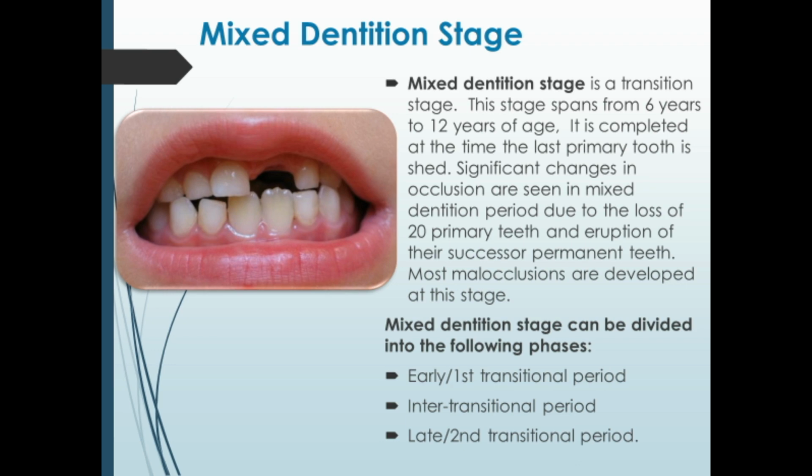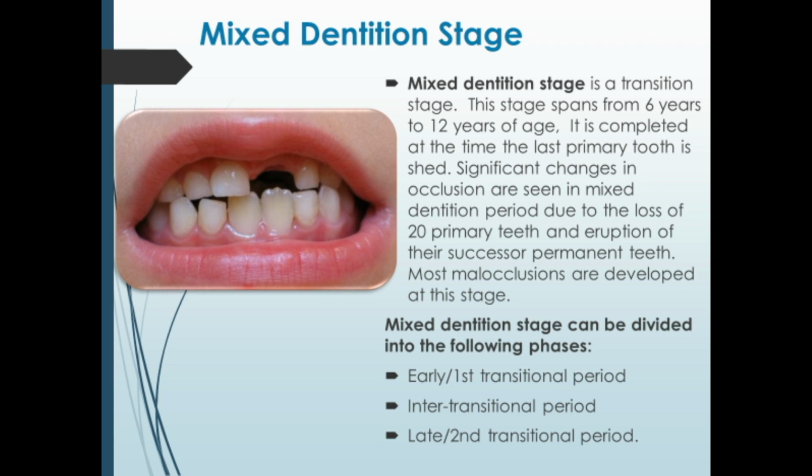It is completed at the time the last primary tooth is shed. Significant changes in occlusion are seen in the mixed dentition period due to the loss of 20 primary teeth and eruption of their permanent successors. Most malocclusions are developed at this stage.